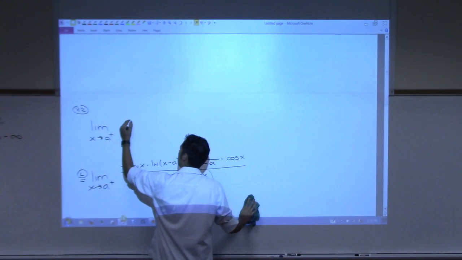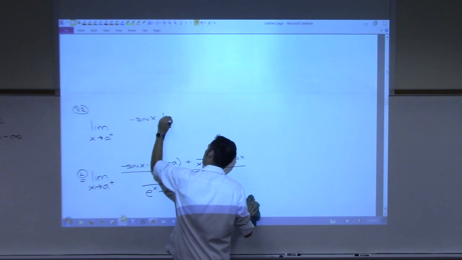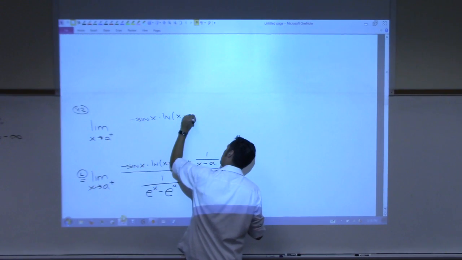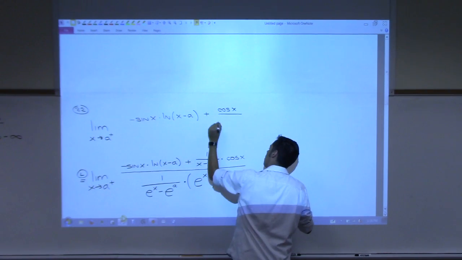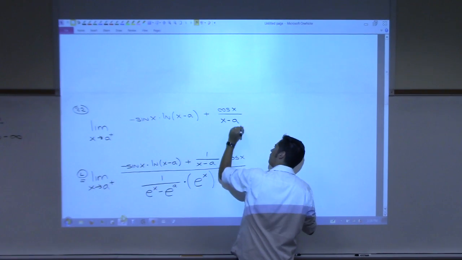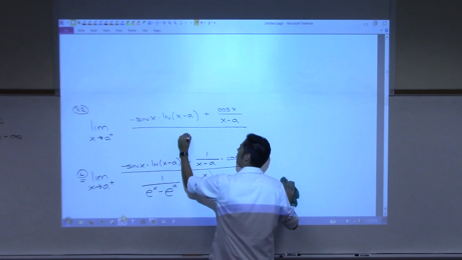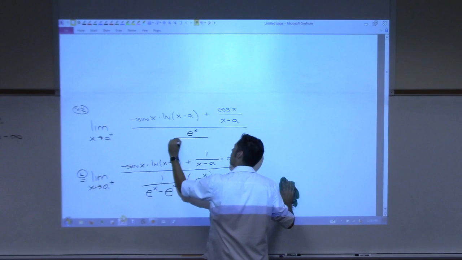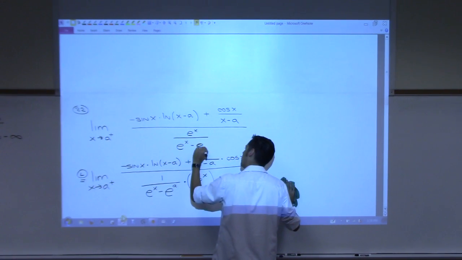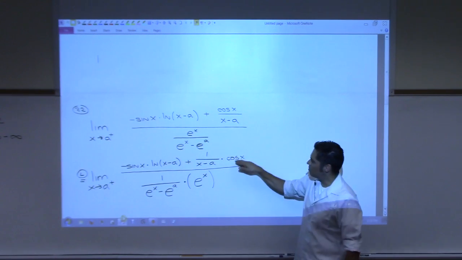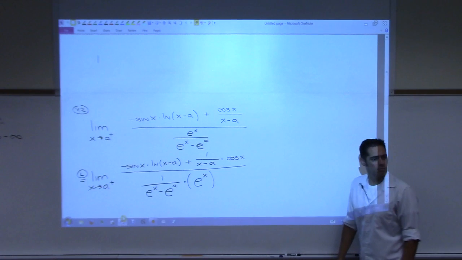I'm just going to write negative sine x times natural log of x minus a, plus cosine x over x minus a, over e to the x over e to the x minus e to the a. So all I did there was slide the cosine on top, slide the e to the x on top, right? That's it.